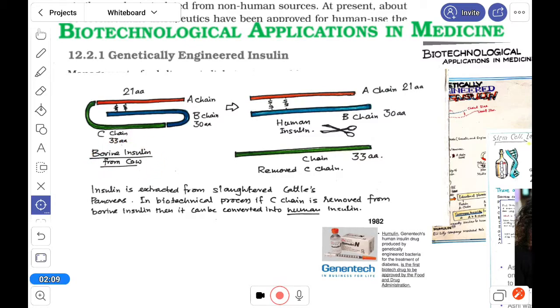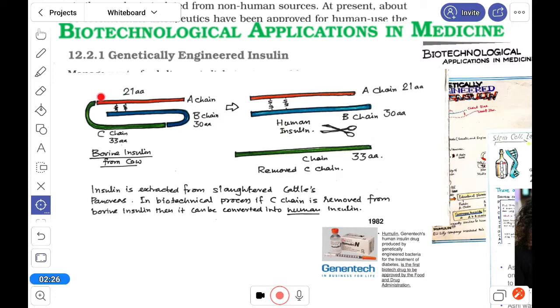The insulin chain is a protein which is a very short chain of amino acids. The chain is not very long.